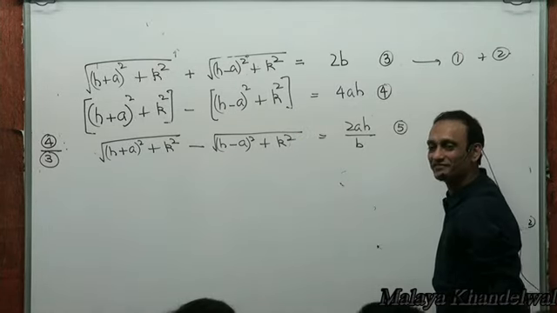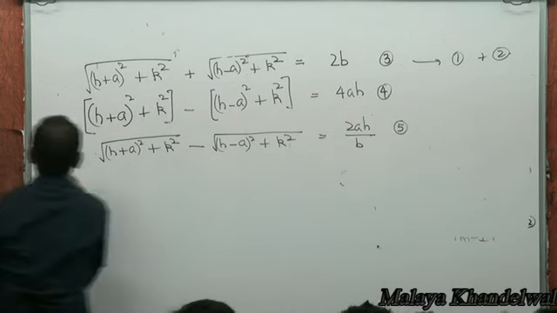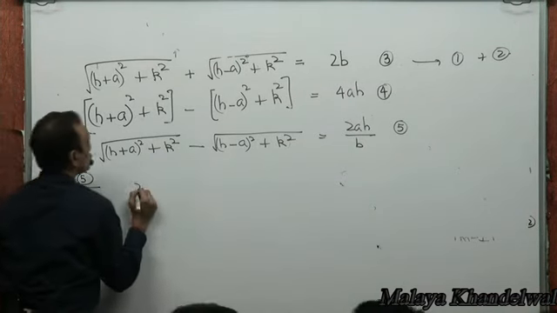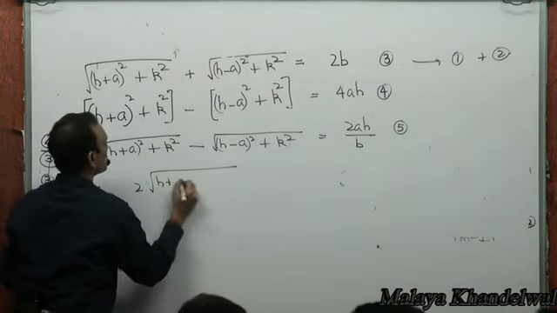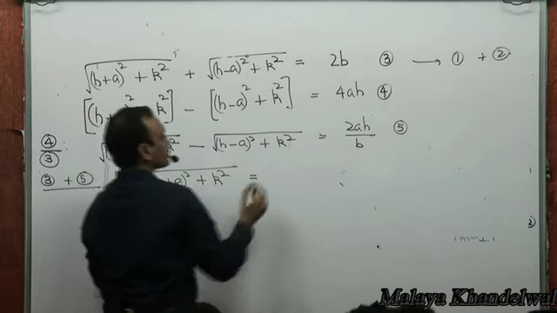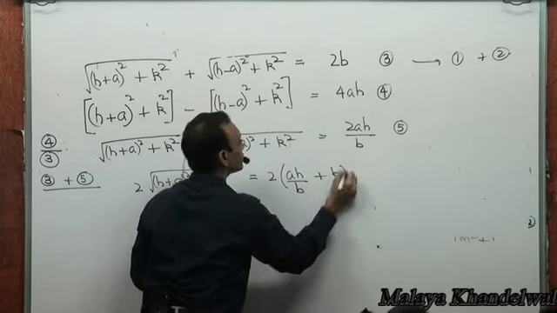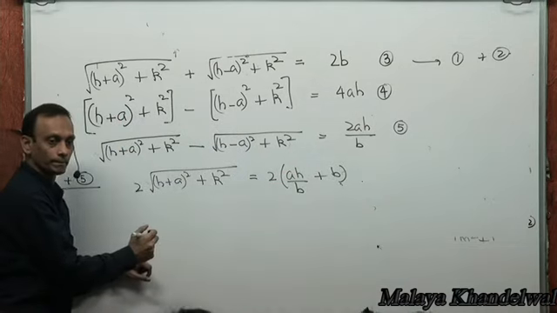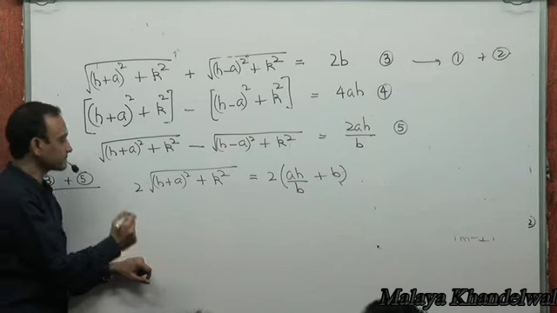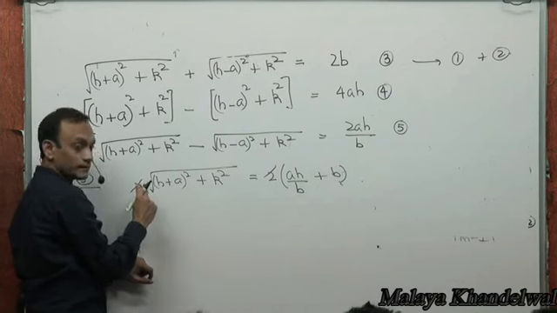Let me add 3 and 5 now. Now when I add 3 plus 5, I get 2 root of (h plus a) whole squared plus k squared is 2 into ah by b plus b. Yes or no? Right?